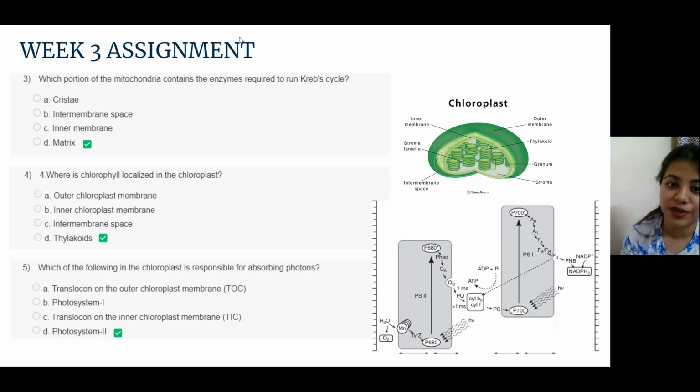So that completes question number 4, and then we come to question 5. In this question, we have been asked which of the following in the chloroplast is responsible for absorbing photons. If you just look above, we have discussed the chloroplast, its structure, its cross section has been shown.